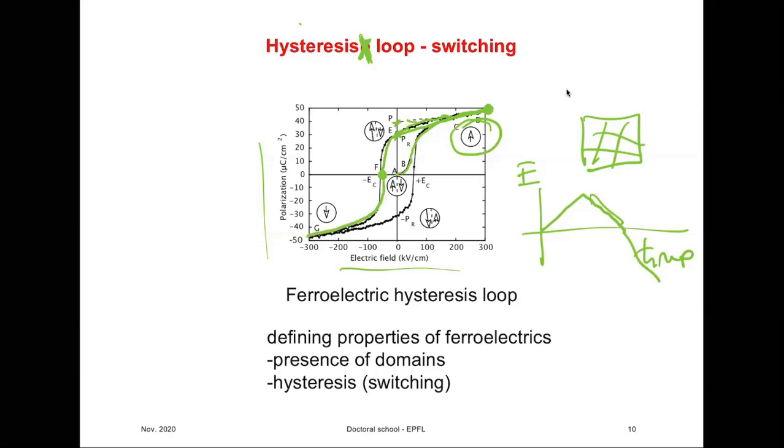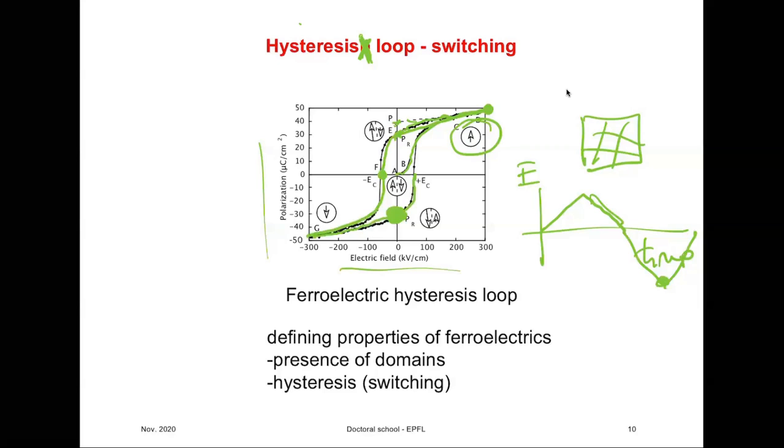Then we will reach the same point as on a positive field, in the negative field. When we further reduce the field down to 0, we will go through the point of negative remnant polarization and come here to 0.